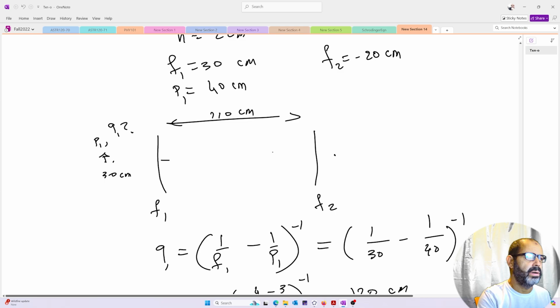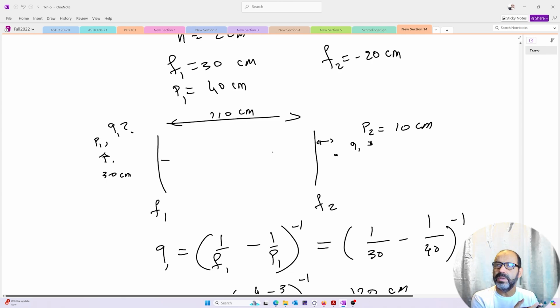So it's going to be here, okay? This is Q1, which is now the P2, I'm sorry, this distance from this lens. So P2 is 120 minus 110, so it's 10 centimeters. That is the placement of the object of the second lens.